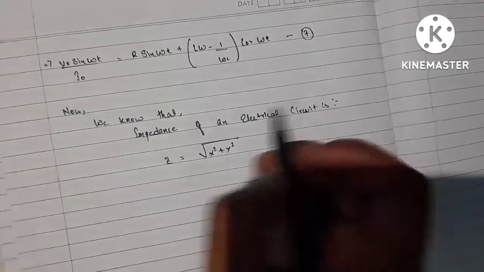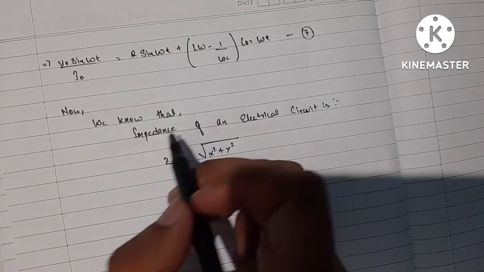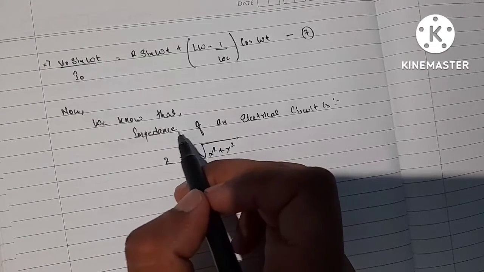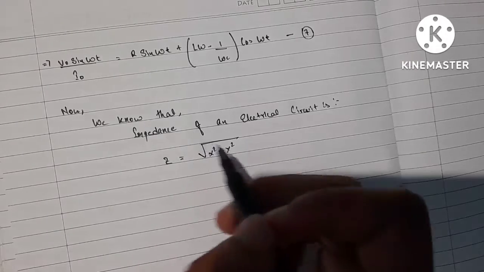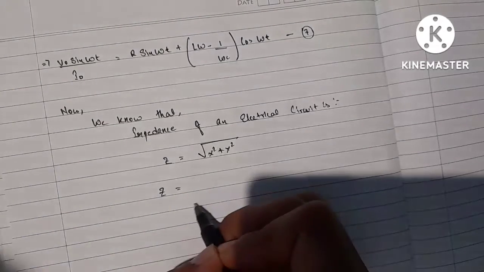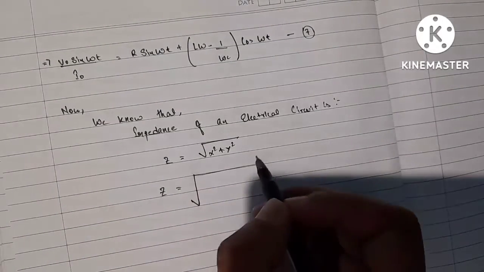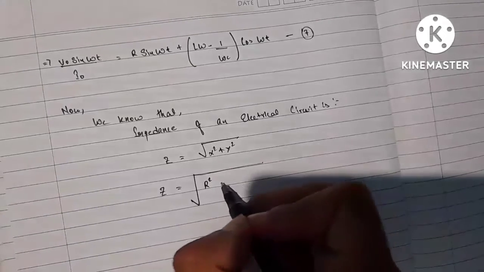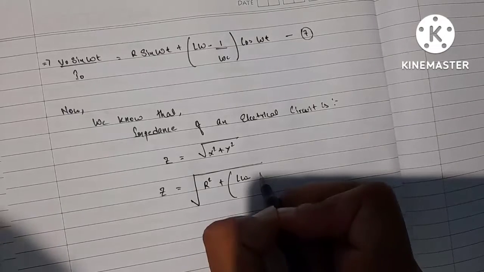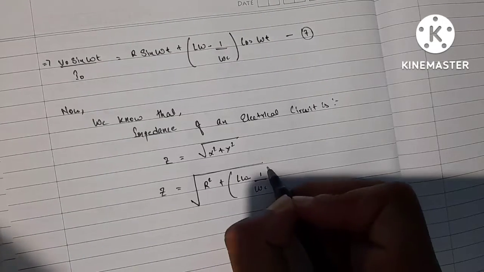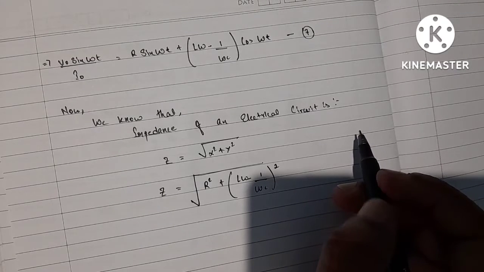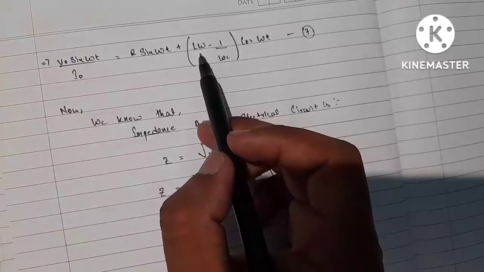You all might be thinking what impedance is. Impedance is nothing but the total resistance of a circuit applied in the path of AC, that is alternating current. So we can write Z equals under root, x represents R, and y is (L omega minus 1 by omega C), all squared. From this equation we get this.